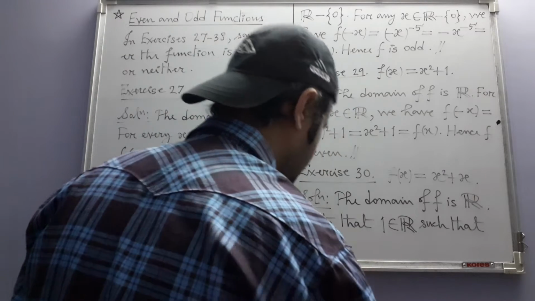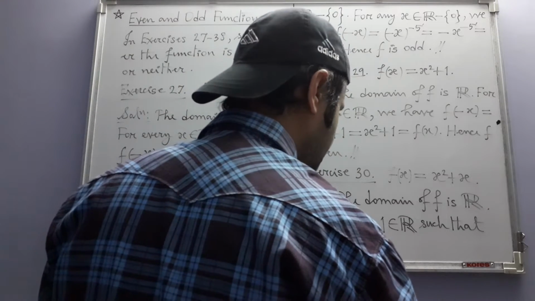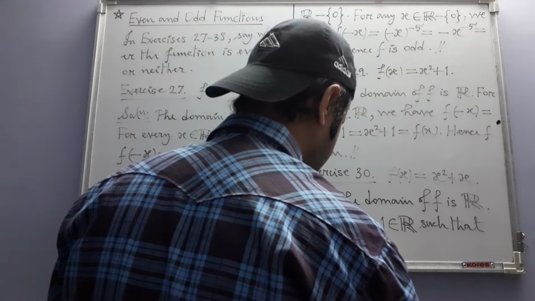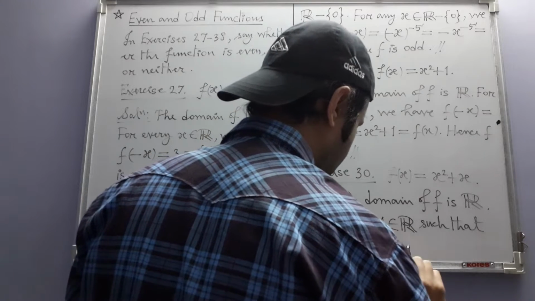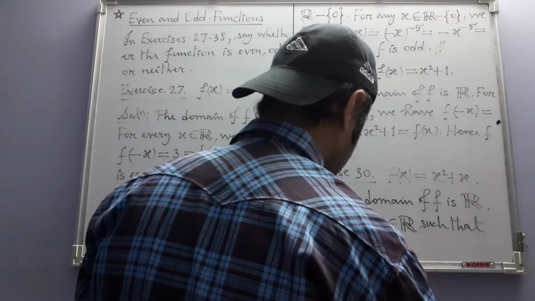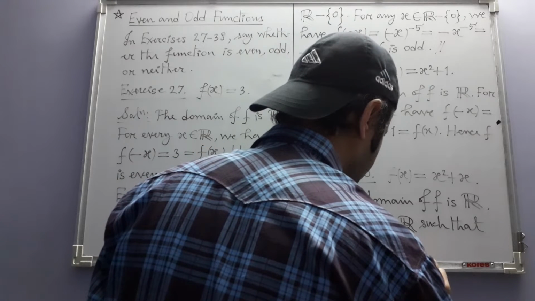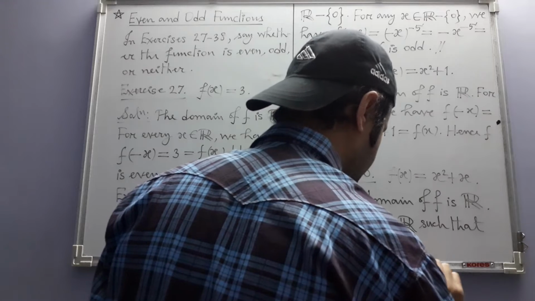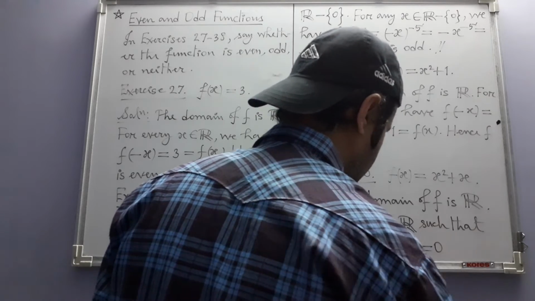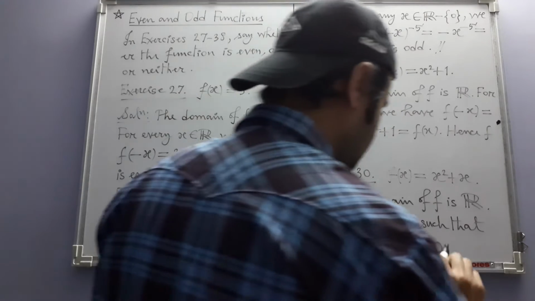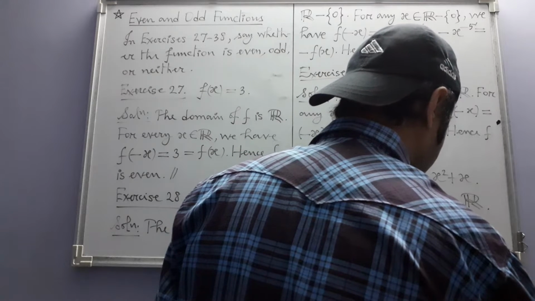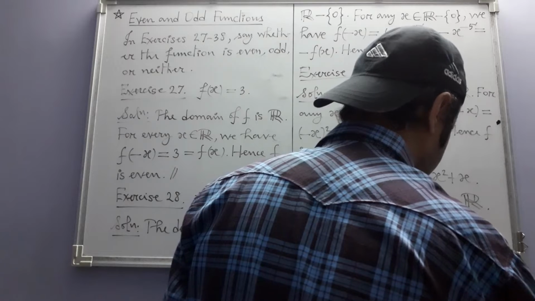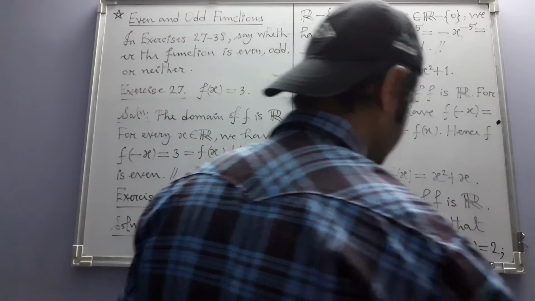But now what is f of minus 1? f of minus 1 is minus 1 whole square plus minus 1. So this is 0, whereas f of 1 of course is 1 square plus 1, that is 2.